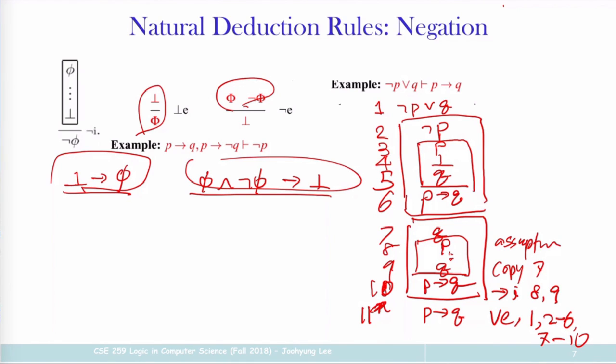So bottom implies phi is called a tautology, and that tautology means that the formula is always true, no matter what case you are in. Same for phi and not phi implies bottom, which is also a tautology. So this is always a true formula. Now, the rule is actually necessary, because if you omit this, there are some formulas that you cannot prove to be true.